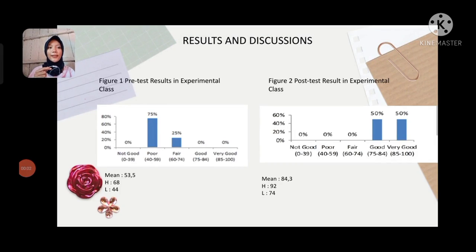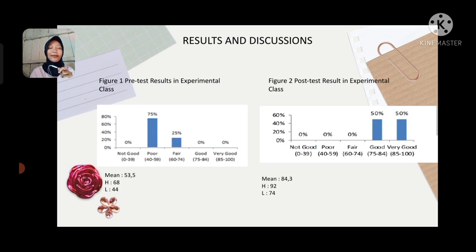Next is result and discussion. So this study will compare students' writing skills before and after applying discovery learning models, using speech text as the parameter. Picture number 1 is the pretest result in the experimental class, or 9B class.